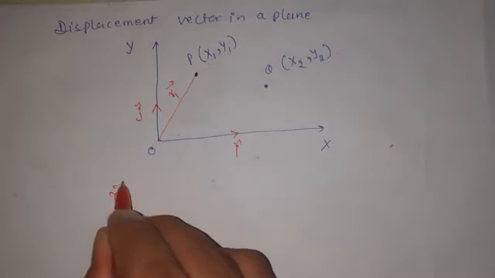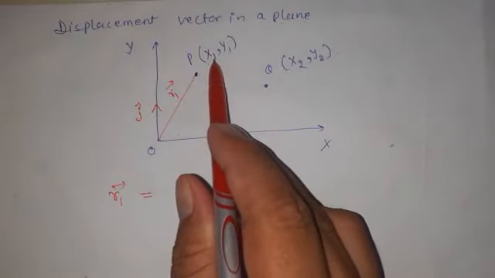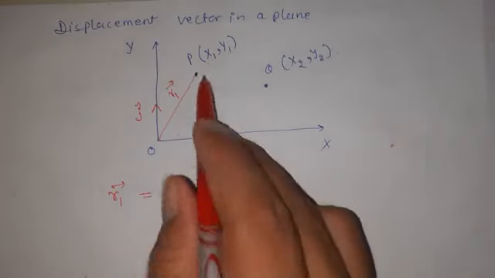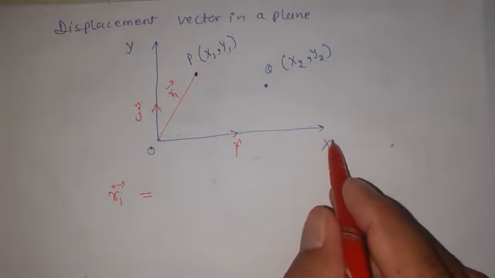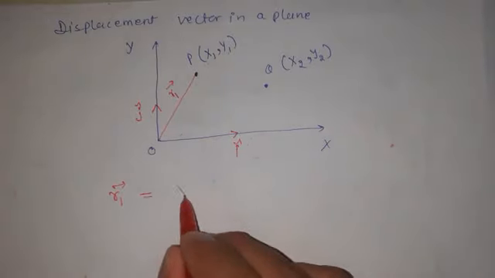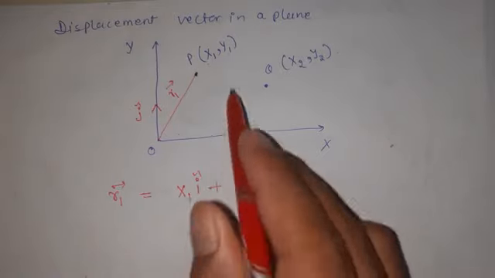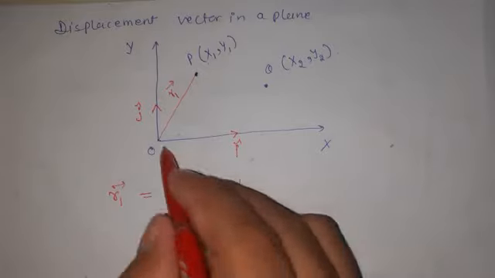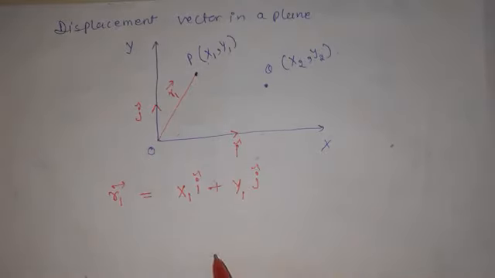So position vector of p is equal to that its position coordinates are x1 and y1. So x1 gives us in x direction its position, so therefore x1 and unit vector will be i, plus y1, and this gives us the direction along y axis, so it is j unit vector.